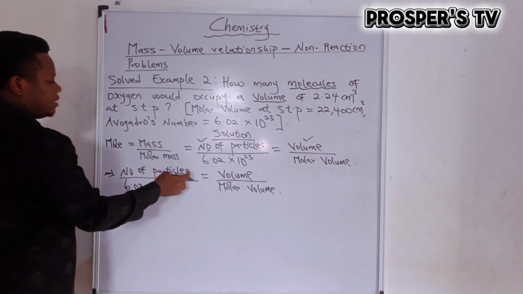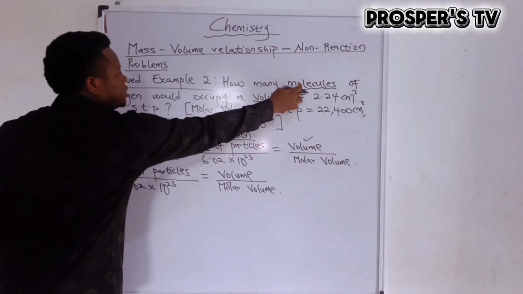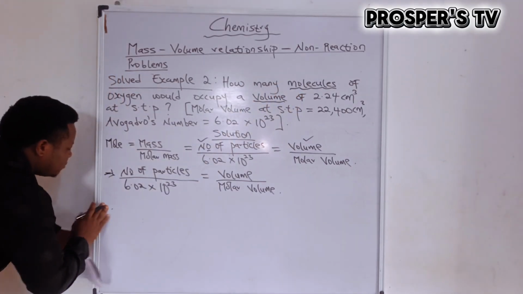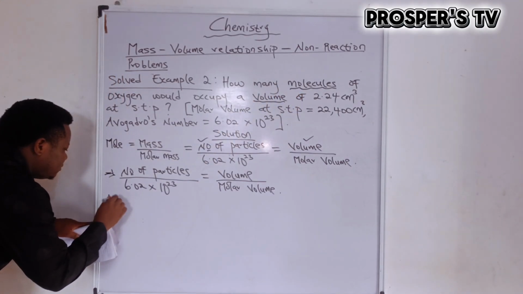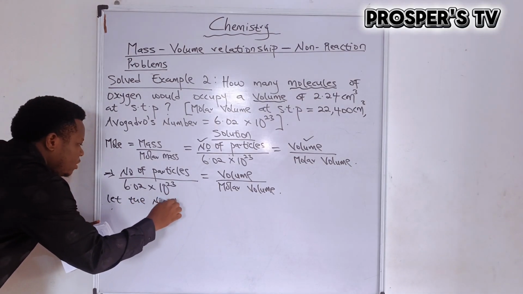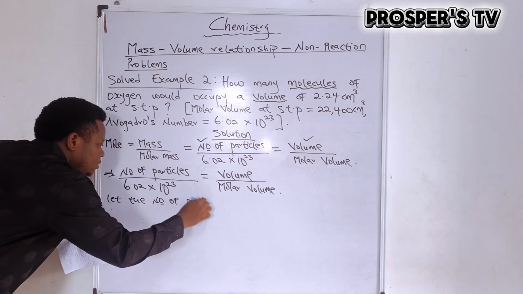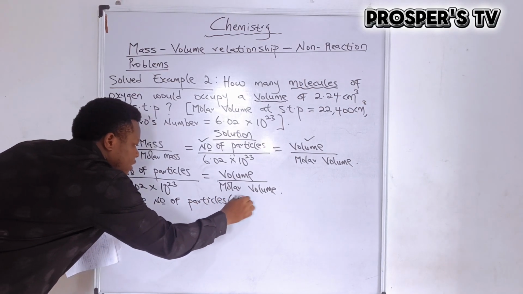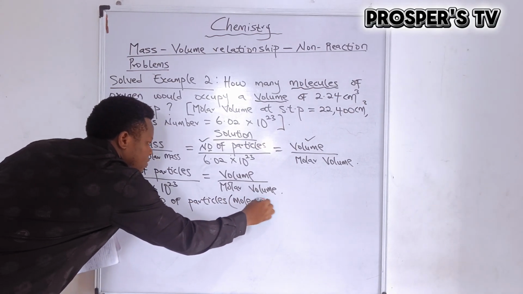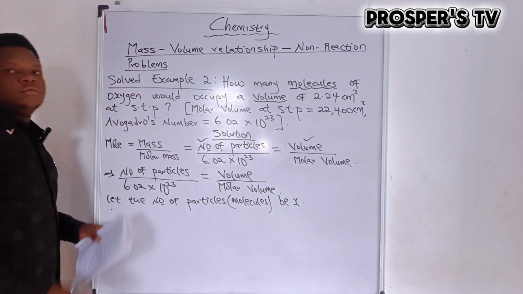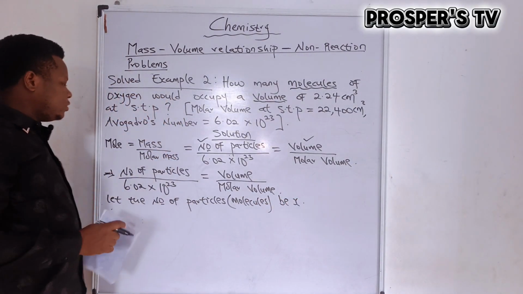The number of particles here, which is the number of molecules, is what we're looking for. So I'm going to say, let the number of particles, in this case the particle being mentioned is molecules, be X. Always take your unknown to be a variable, any letter of your choice.